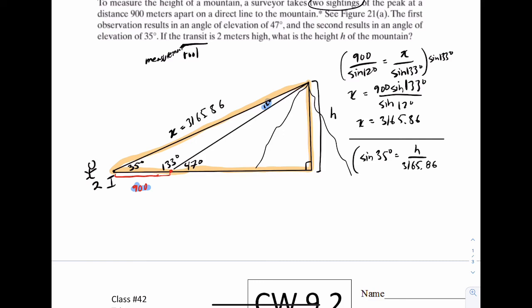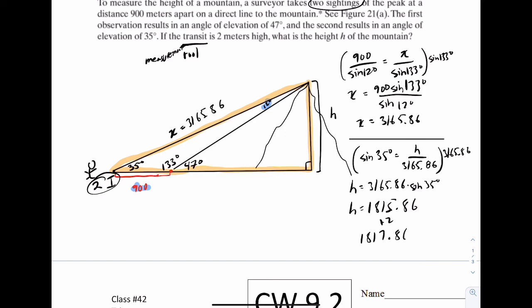Now let's multiply by 3165.86, and then your calculator, 3165.86 times sine 35. We calculate this, you get 1815.86. Now the tricky thing is this 2. So to account for that, simply add 2. So the answer is 1,817.86 meters. That's the height of the mountain.